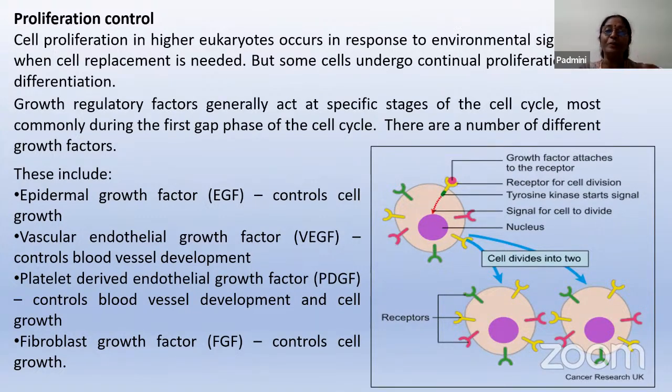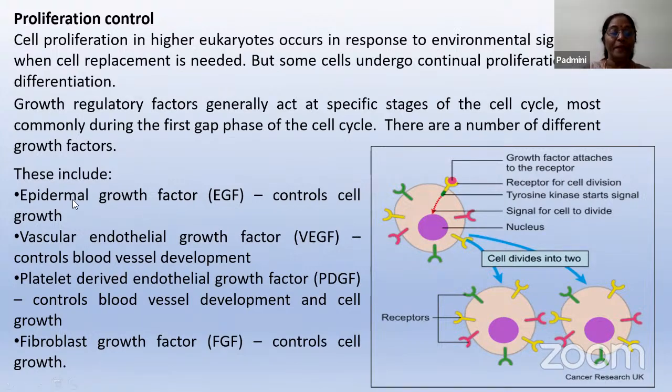So there is an environmental or internal signal given to them that this cell has to die and a new cell has to be replaced. But some cells undergo continuous proliferation and differentiation. Growth regulatory factors generally act at specific stages of the cell cycle, commonly during the first gap phase of the cell cycle.